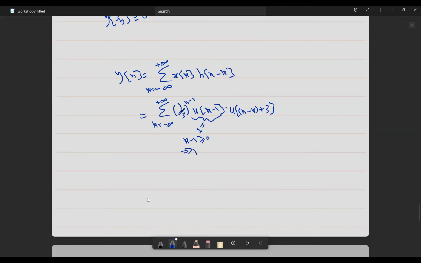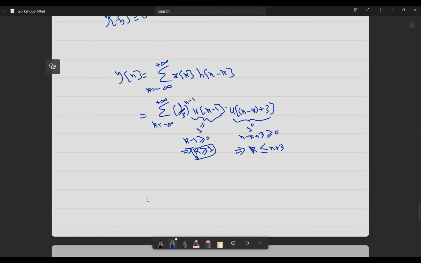Then k should be larger than or equal to 1. We have here the first condition. Now from the second part, this will be 1 when n minus k plus 3 is larger than or equal to 0. This will give us k is less than or equal to n plus 3.